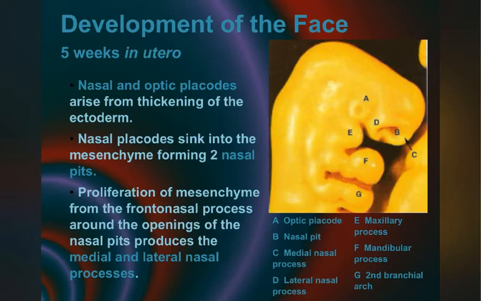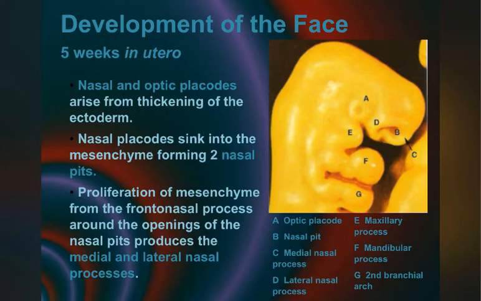So maxillary process plus mandibular process equals first pharyngeal arch. And here we have second pharyngeal arch. We have a groove between them, or cleft. This is called the first pharyngeal cleft, or first pharyngeal groove.